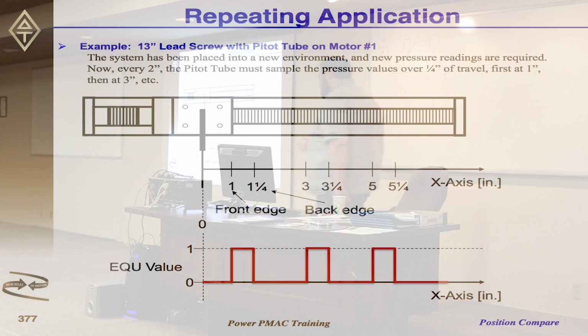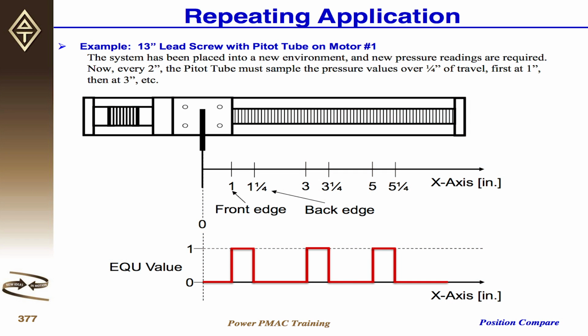Okay, so just to recap a little bit, we set it up so that as the axis reached 3.5 inches and 8 inches away from the home position, our EQU output turned high, setting it to a value of 1, which outputs 5 volts on the EQU pin. And then as it got to 8 inches, it turned off and back.